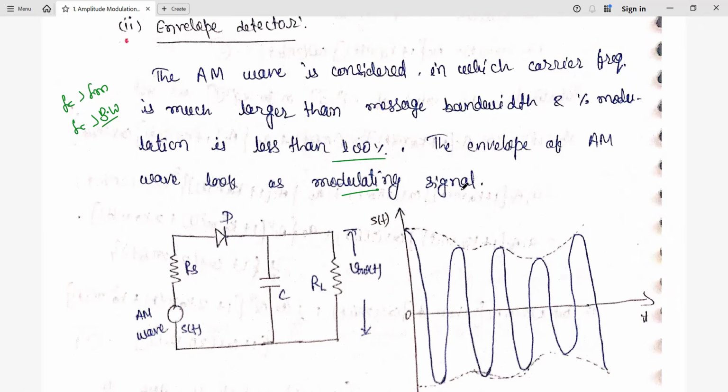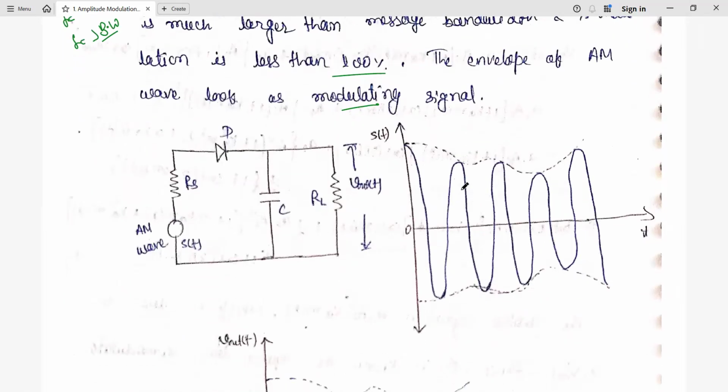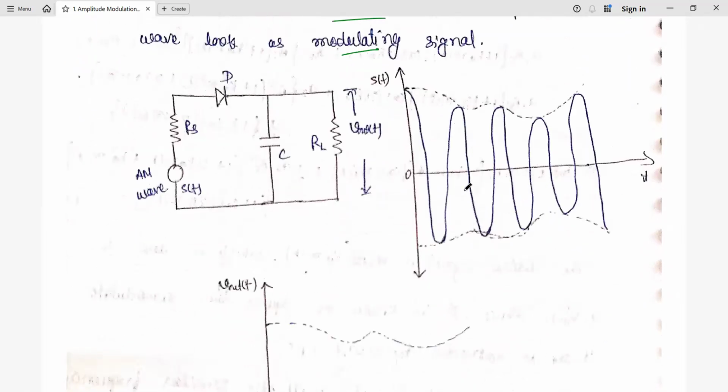Now here, in the circuit part, we have used a diode. The modulated wave is the input s(t), that is, you know the expression Ac(1 + ka m(t)) cos 2πfct. This modulated wave is given as input with the help of a source resistance to the diode, and here we have a capacitor and the load resistance.